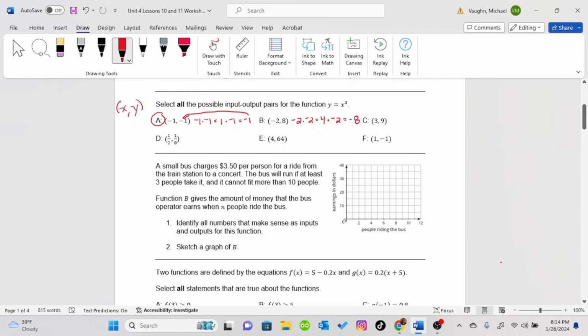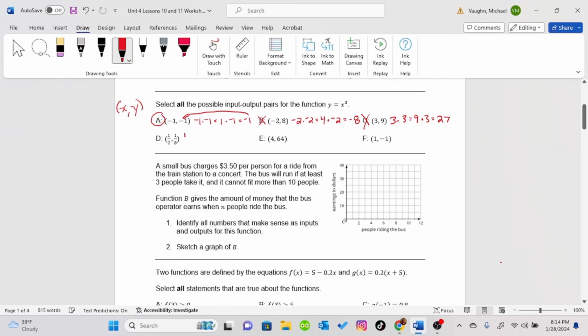Our y value was 8, therefore this is not correct. For C, 3 times 3 is 9, and 9 times 3 is 27. 27 is not 9, so C is not correct.